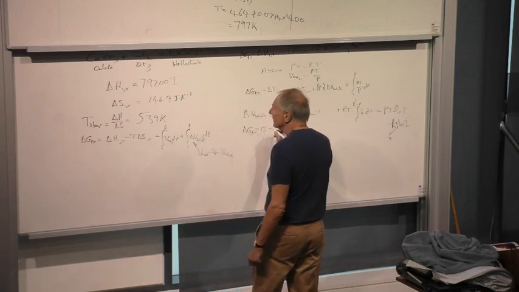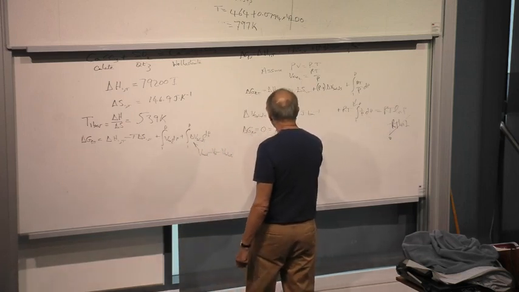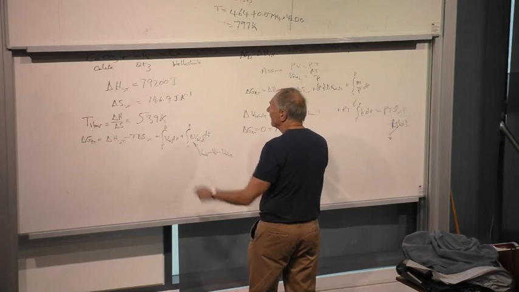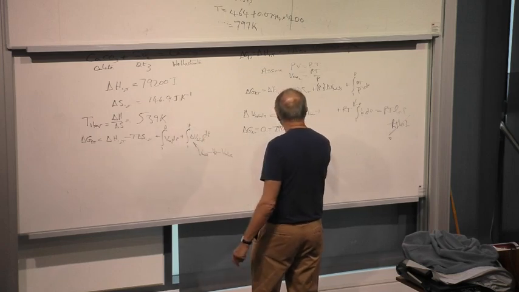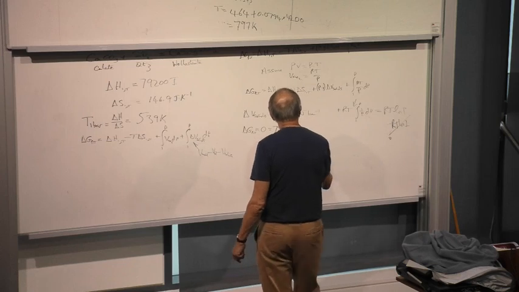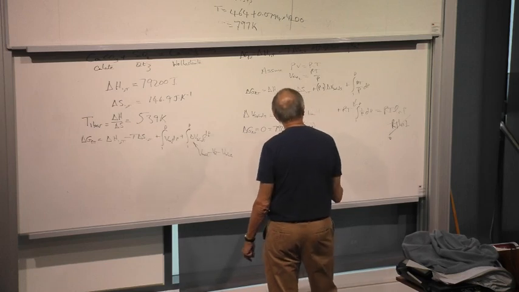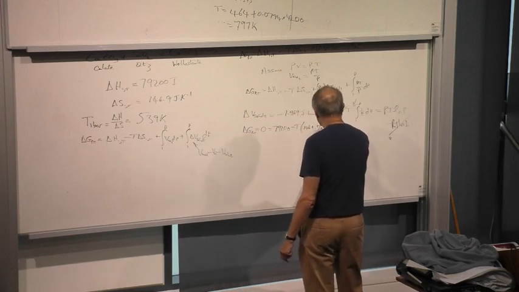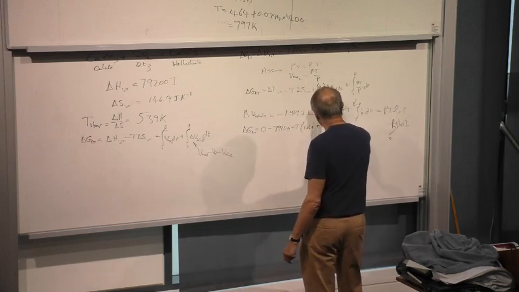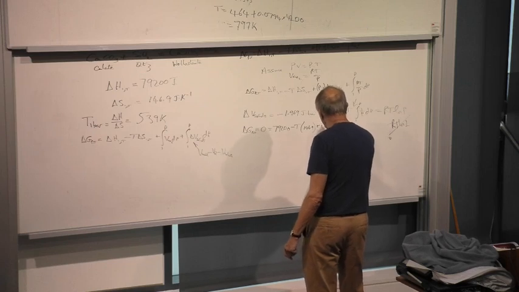That's going to equal 79,200 there, minus T into 146.9, plus P, we'll ignore the 1, so P into minus 1.969.